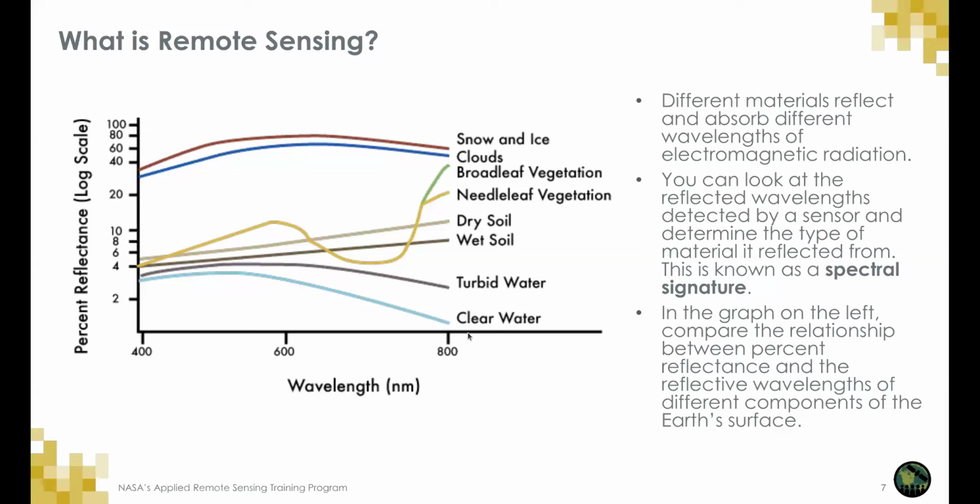Can you imagine? In less than 30 minutes, you are able to discern what object you might be looking at based on how it behaves on this spectral reflectance graph.